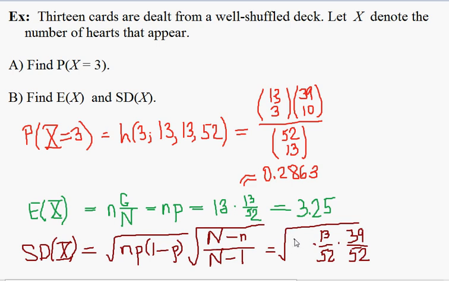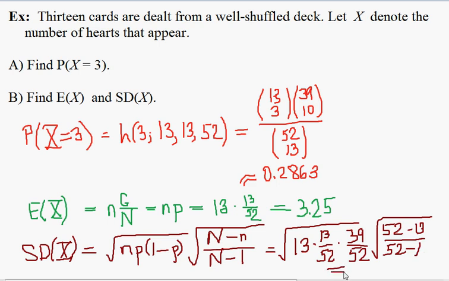Little n is 13, the number of draws, times the probability of drawing a heart, times the probability of not drawing a heart, times the population correction factor, which is 52 minus 13, divided by 52 minus 1.